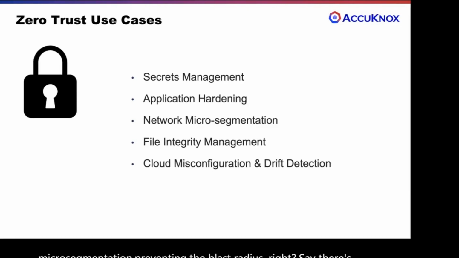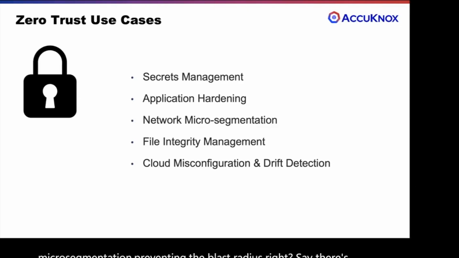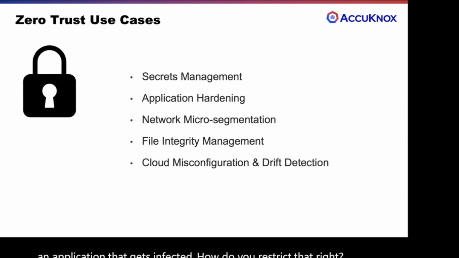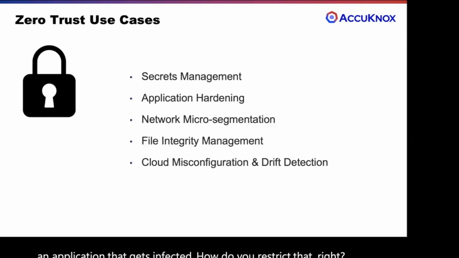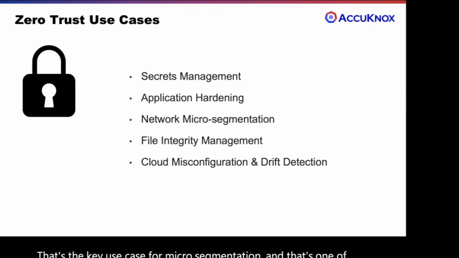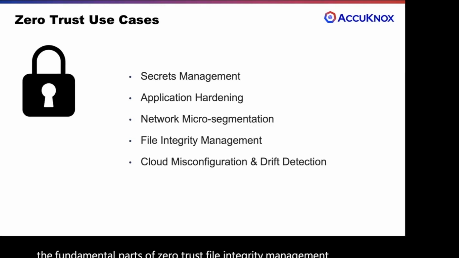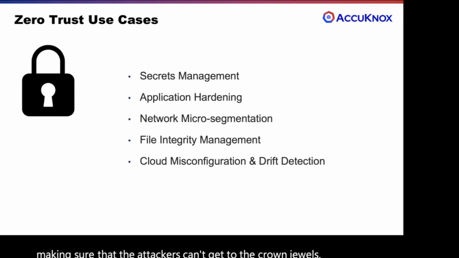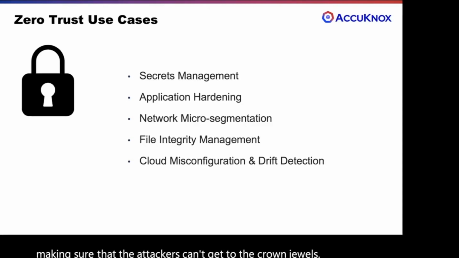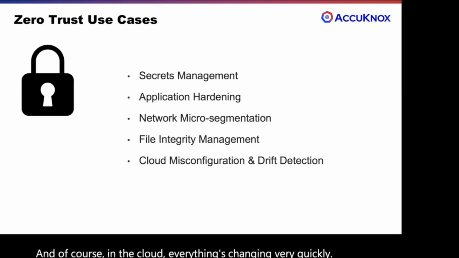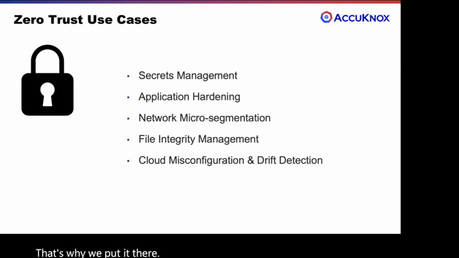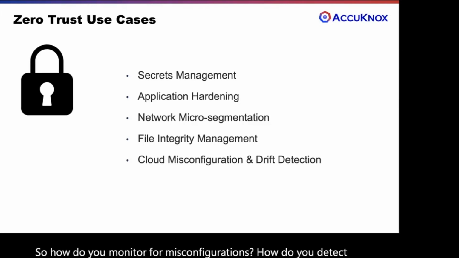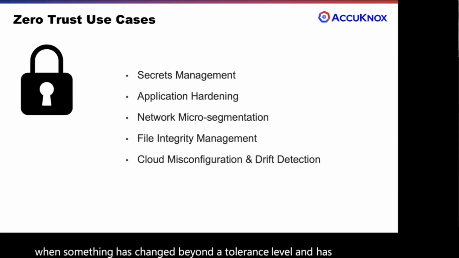Say there's an application that gets infected. How do you restrict that, right? That's the key use case for microsegmentation, and that's one of the fundamental parts of zero trust. File integrity management, making sure that the attackers can't get to the crown jewels. And of course, in the cloud, everything's changing very quickly. That's why we put it there. So how do you monitor for misconfigurations? How do you detect when something has changed beyond a tolerance level and has come out of compliance?